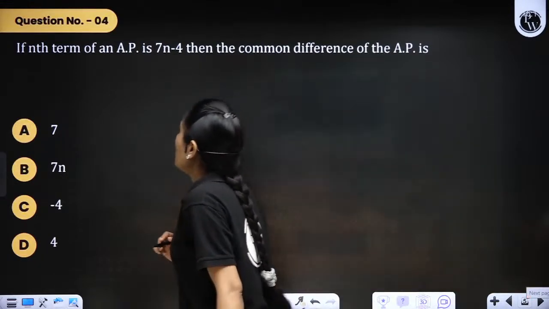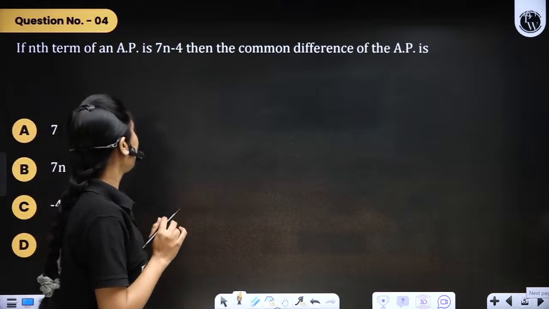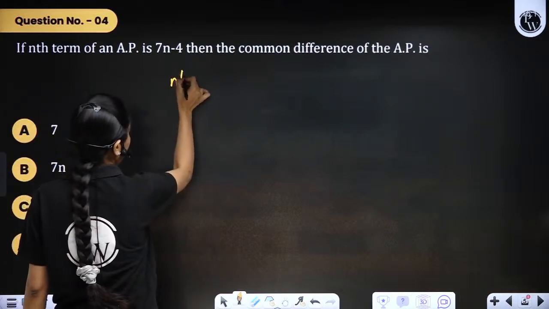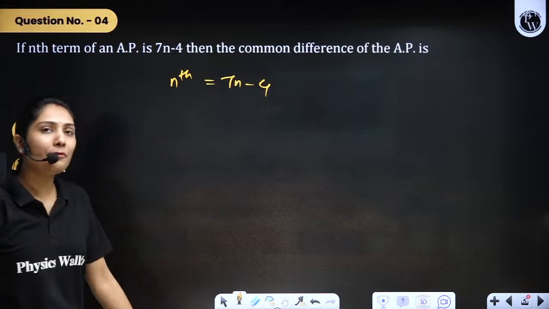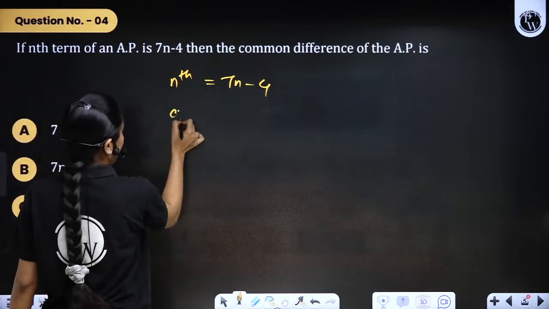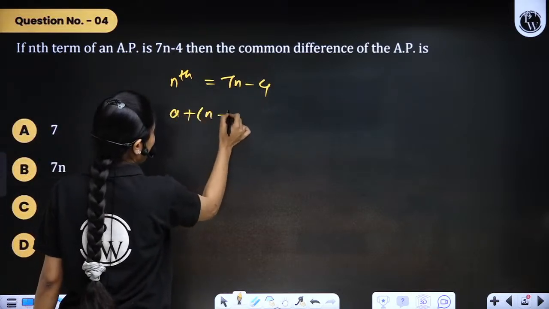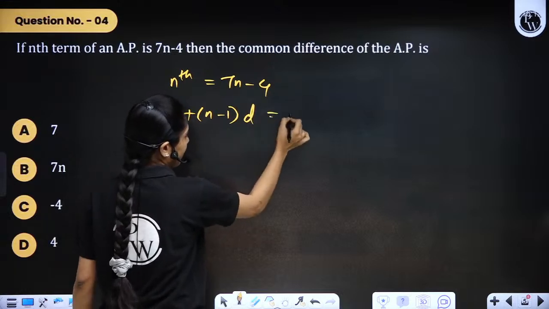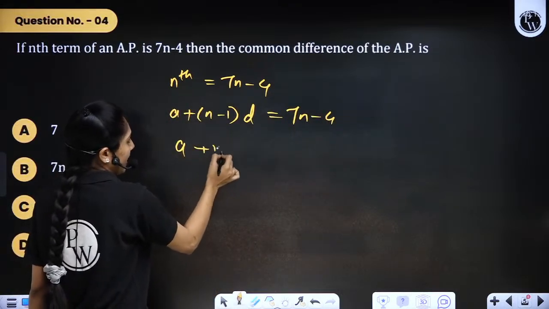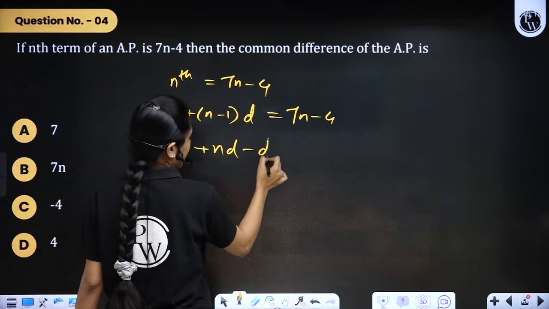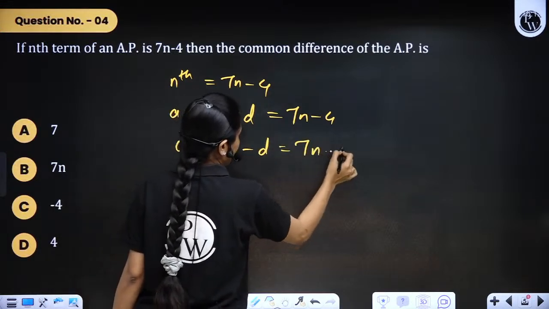So how? Basically, if we want to find the nth term, here nth term is 7n minus 4. Now formula for nth term is a plus (n minus 1) into d, which is equal to 7n minus 4. So a plus nd minus d is equal to 7n minus 4.